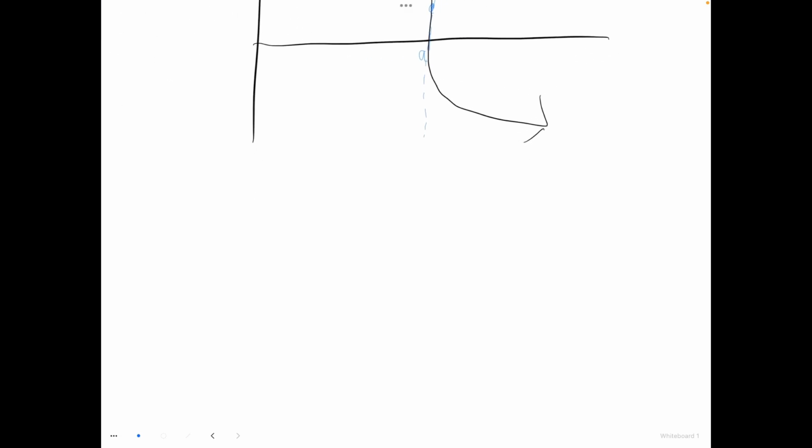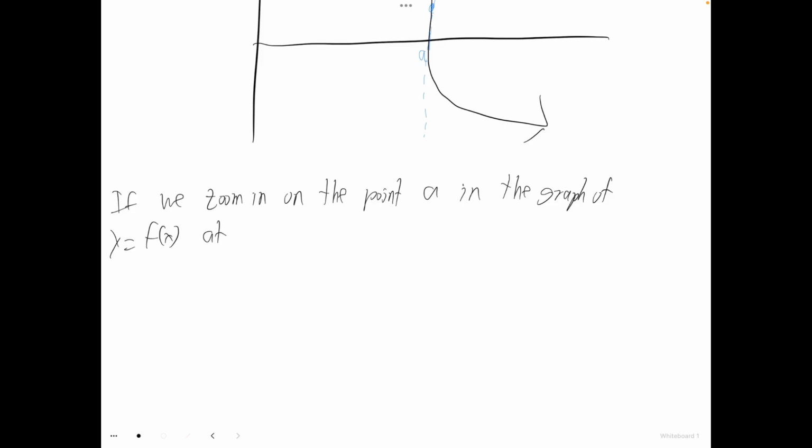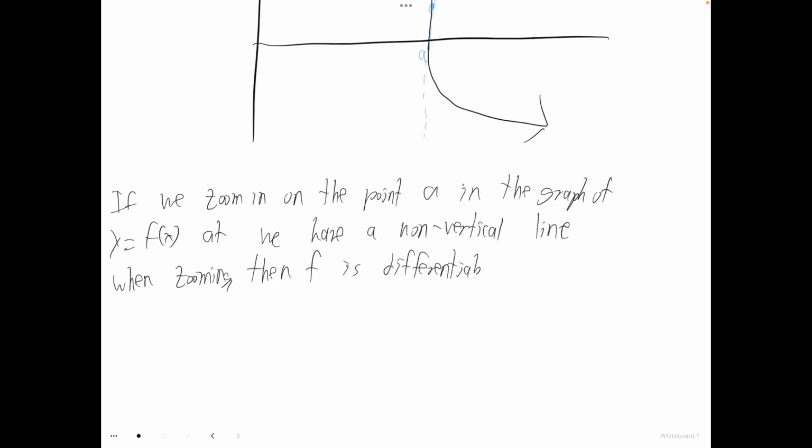So kind of an easy way to think about it graphically is that if we zoom in on the point a in the graph of y equals f of x, and we have a non-vertical line when zooming in, then f is differentiable at a.